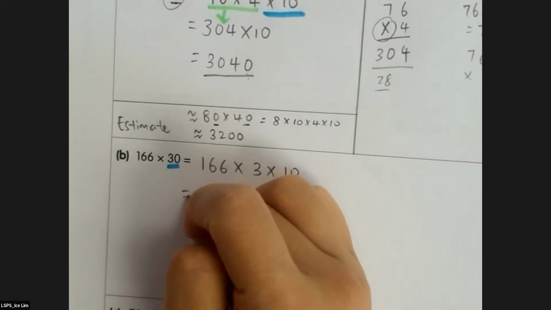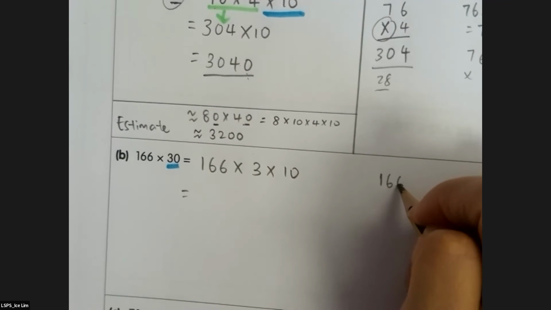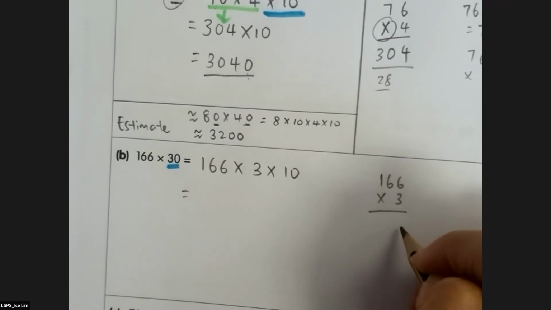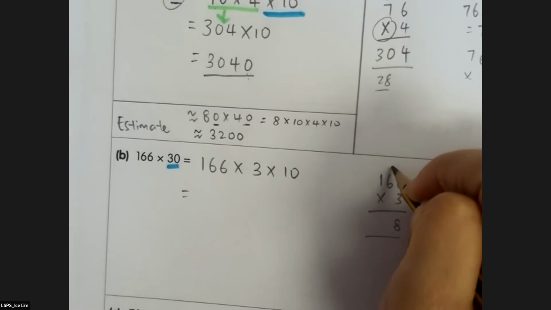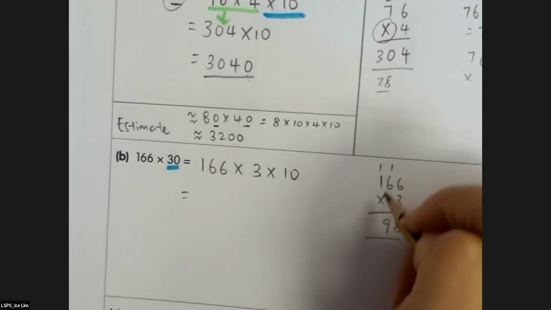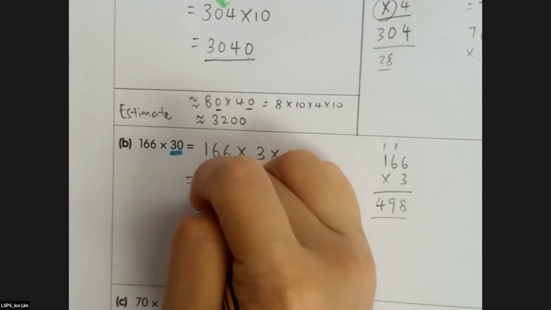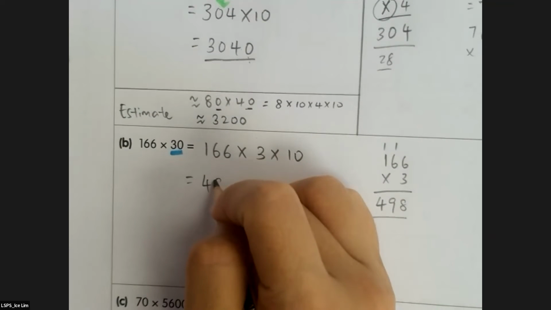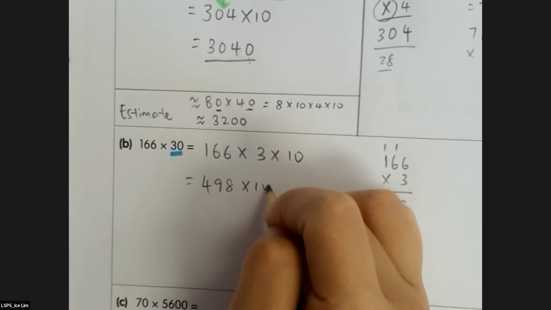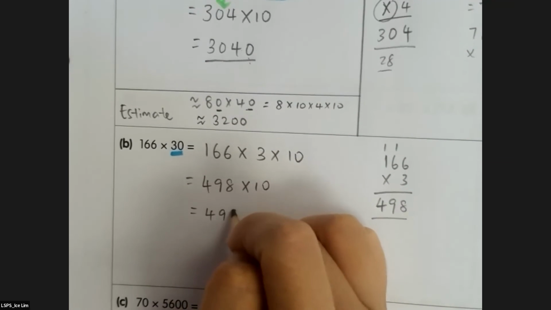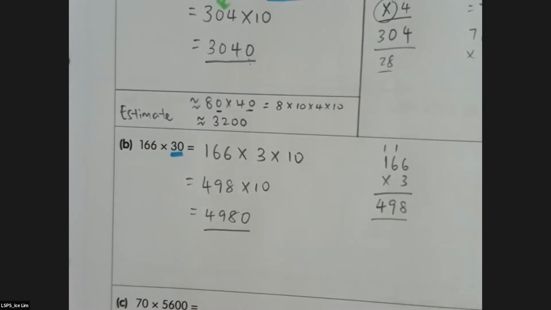Then I move on to doing my working, 166 times 3. Like I say, if your timetable is good, you do it fast. Then times 10. Finish.